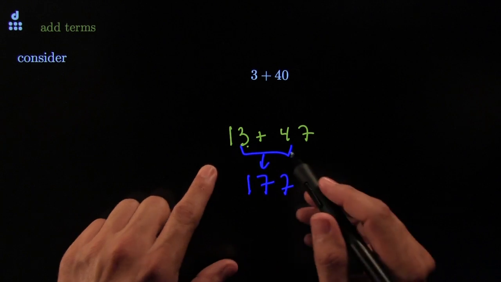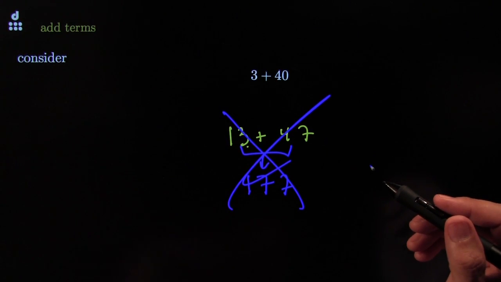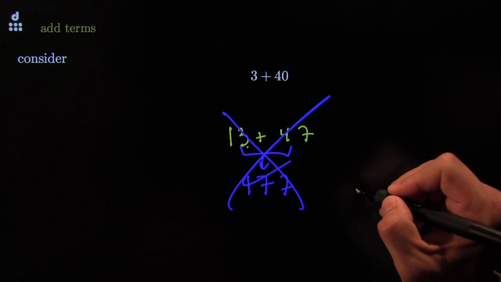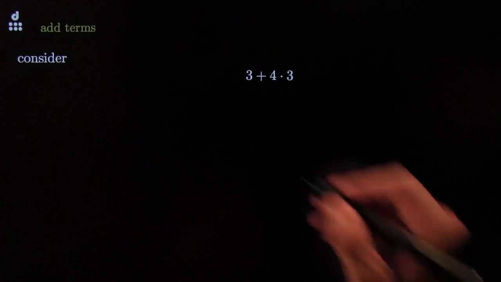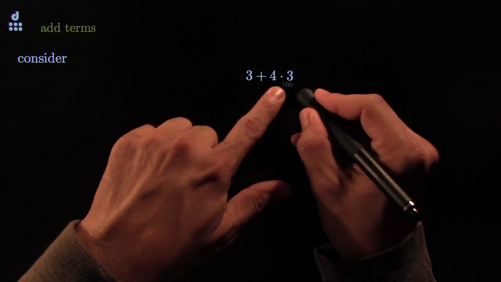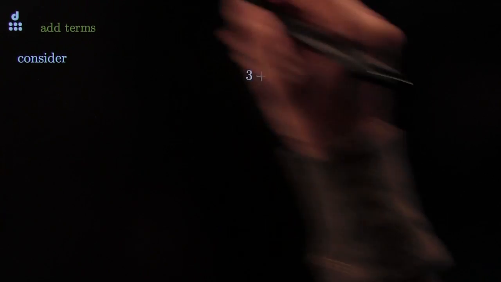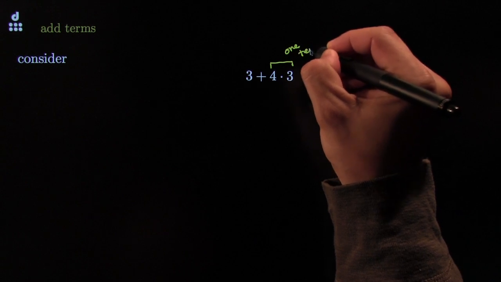Same thing with these ones. This would be a really bad idea. And I stress that because a lot of beginning algebra students have a tendency to do that with terms. So let me explain what I mean by that. Suppose you have this: 3 plus 4 times 3. You have to think about the 4 times 3 as a term. This is one term, and this is one term.